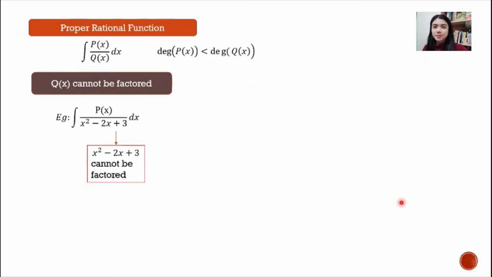Then we go for the second case that you might come across. The second case is where the quadratic has three items, and this quadratic cannot be factored. It's in this general form: you have x squared, you have x, and you have a constant.